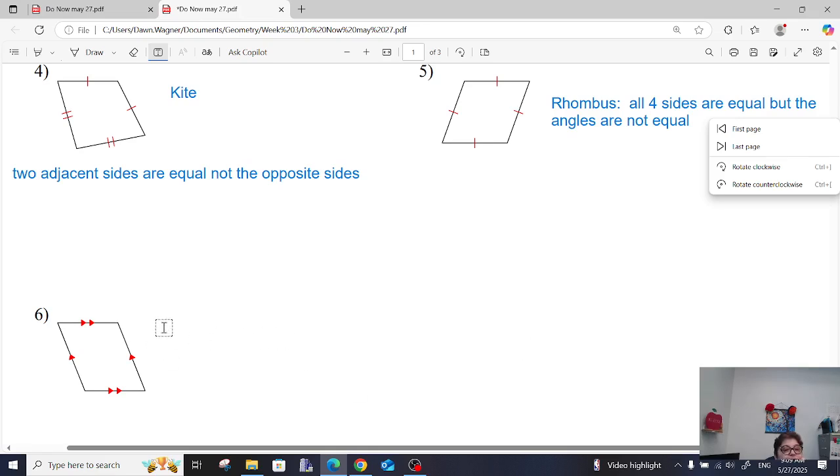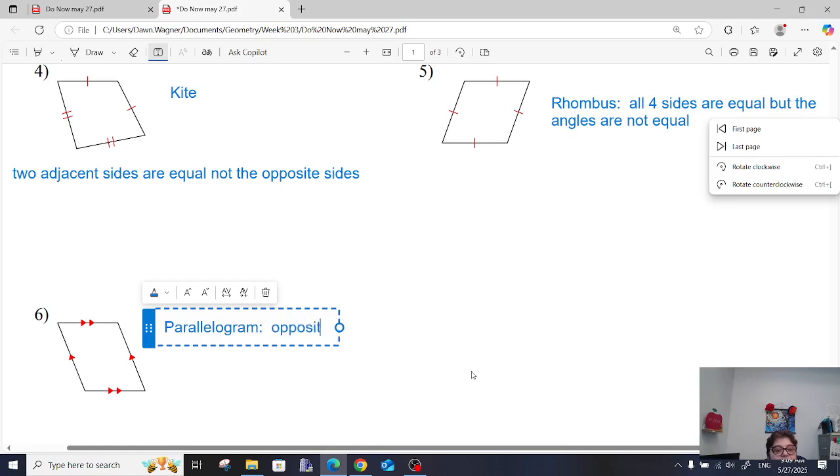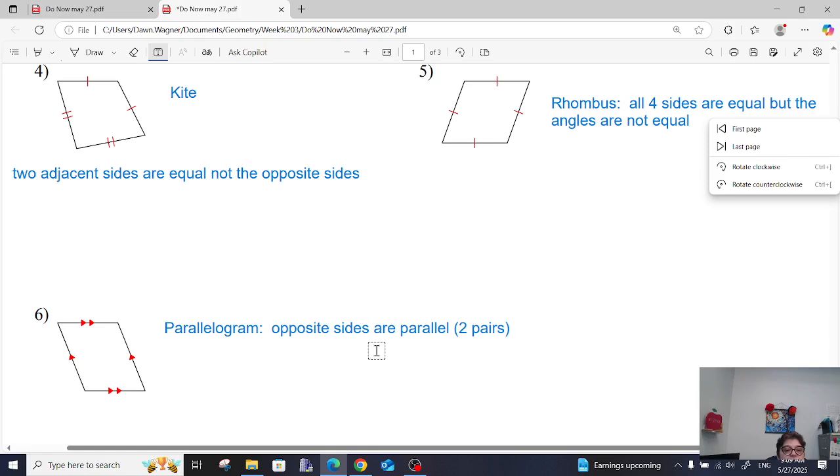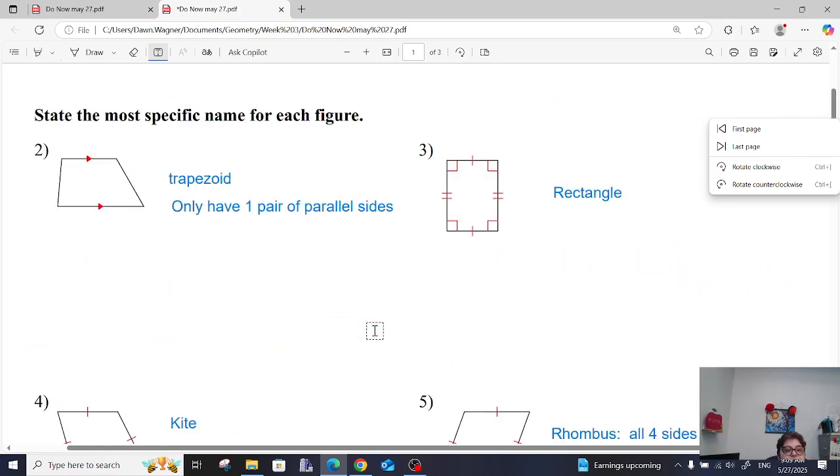And then what's this one? That one's a parallelogram. Opposite sides are parallel, and you have two pairs, whereas a trapezoid only has one pair. Pair means two. Is that helpful? Okay.